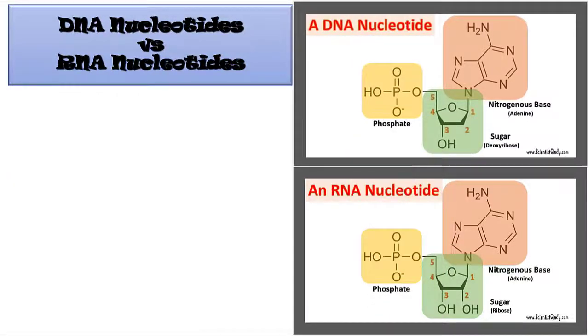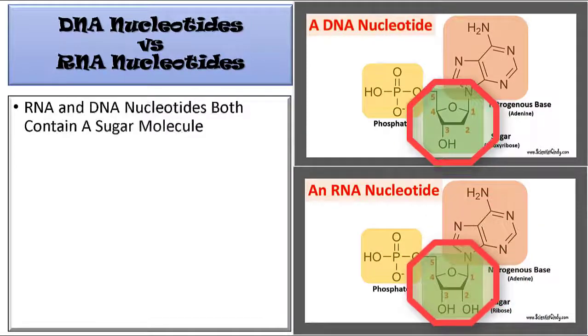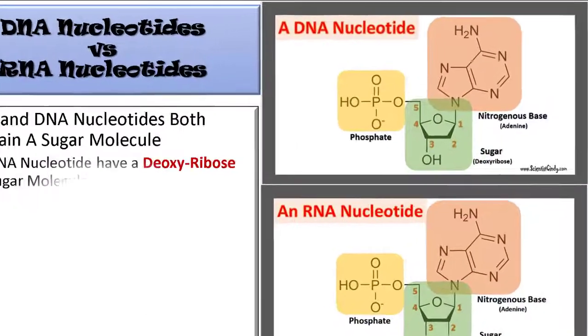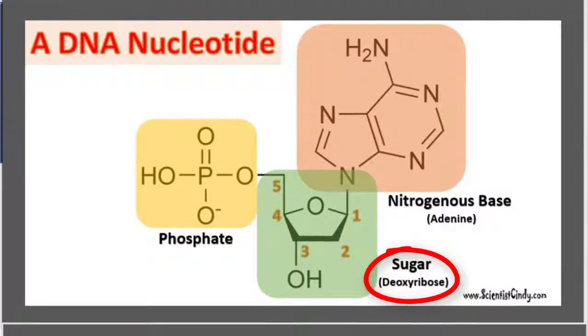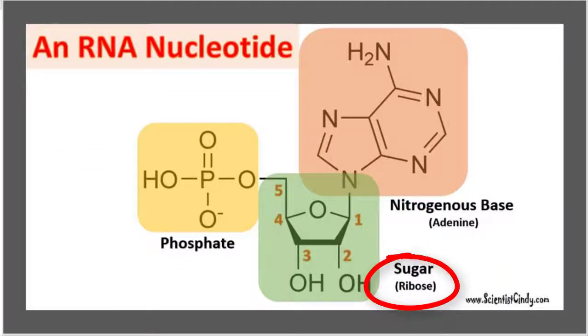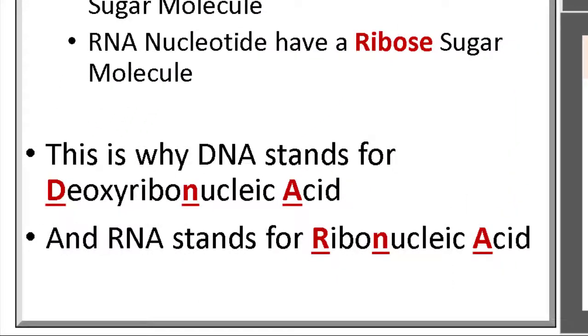RNA and DNA nucleotides both contain a sugar molecule. DNA nucleotides contain deoxyribose sugar molecules, while RNA nucleotides have ribose sugar molecules. This is why DNA stands for deoxyribonucleic acid, and RNA stands for ribonucleic acid.